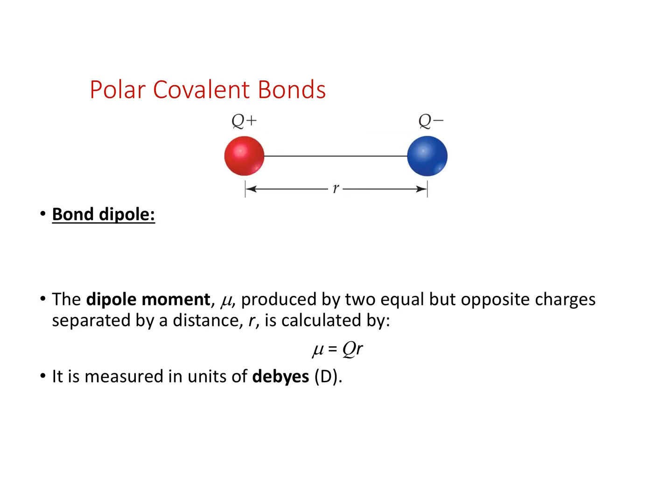And so those differences in electronegativity, those are what establish bond dipole, or essentially partial charges that are assigned to each atom in a covalent bond.